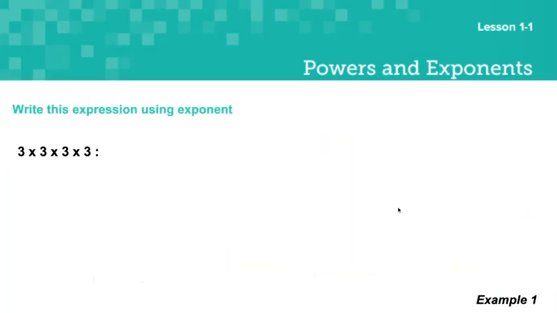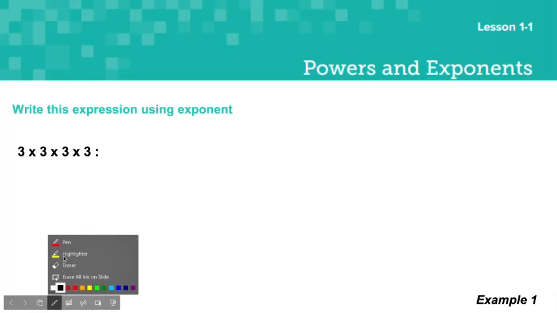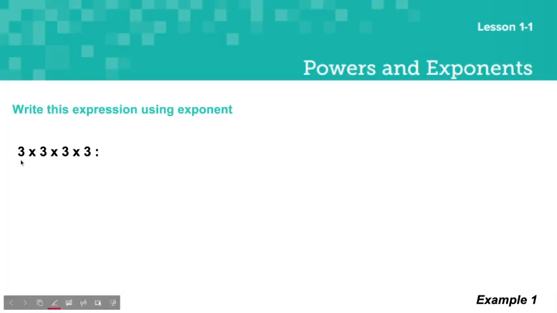The first example for today is: write the expression using exponent. We have 3 multiplied by 3 multiplied by 3 multiplied by 3. First thing, to change it to exponent, we should see what number is repeating.